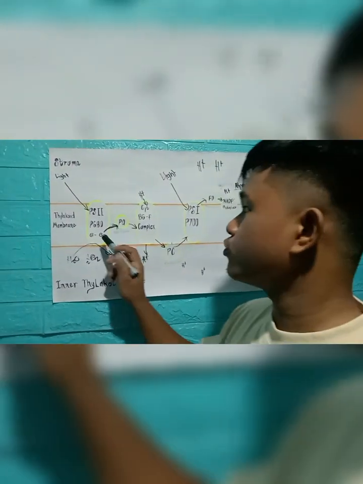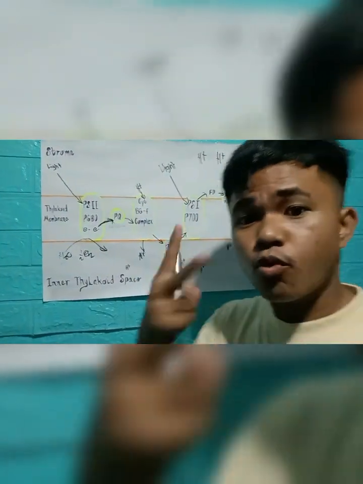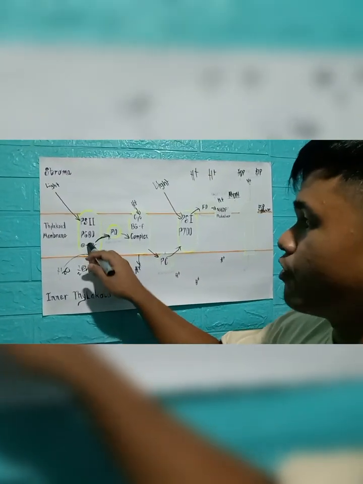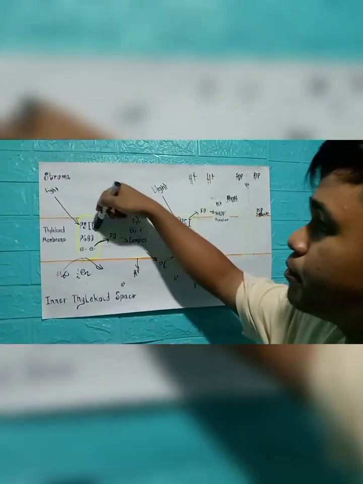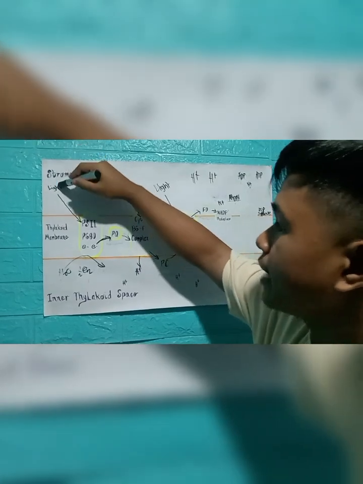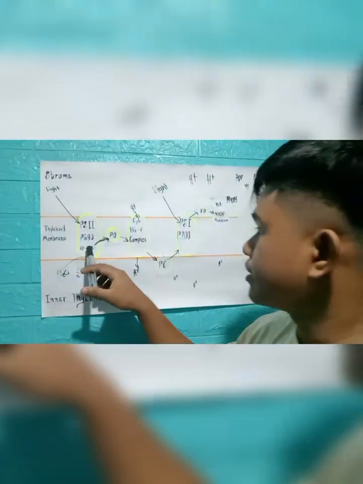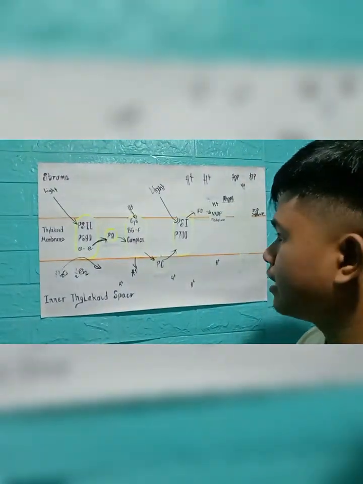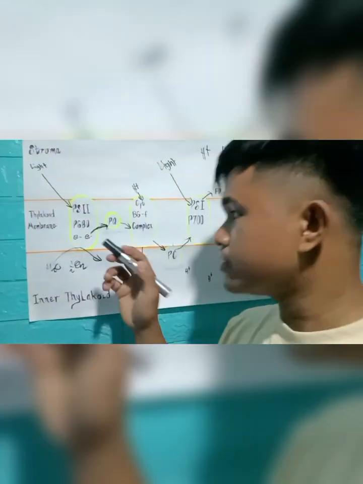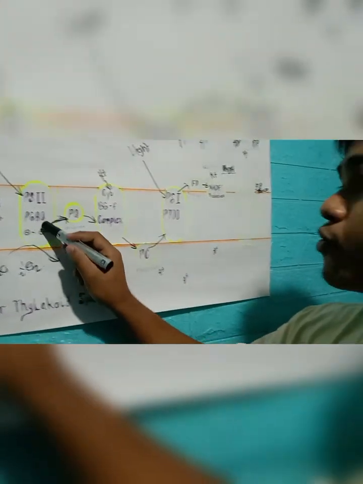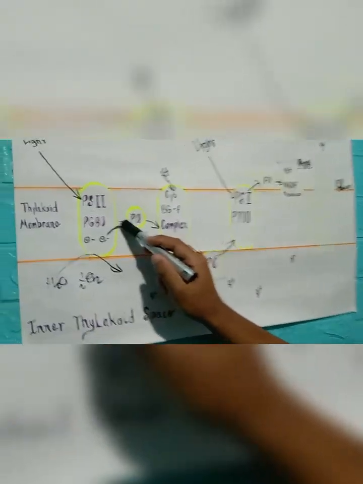As you can see in photosystem 2, there are 2 electrons. These 2 electrons absorb light, gain energy, and get excited. When the electrons get excited, they leave chlorophyll and go to the plastoquinone.